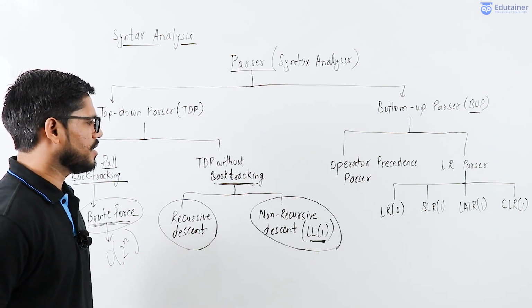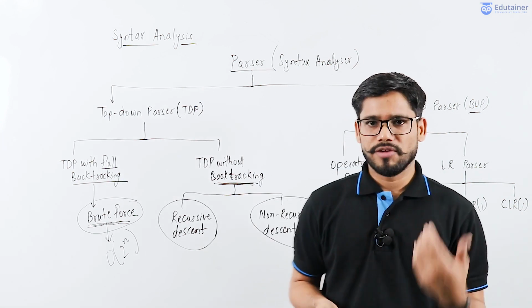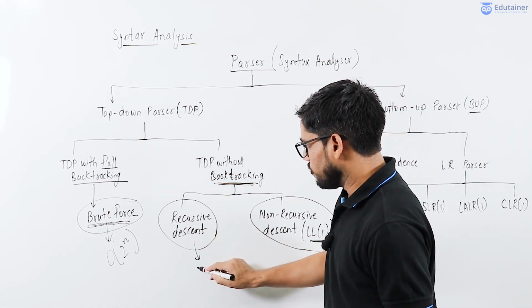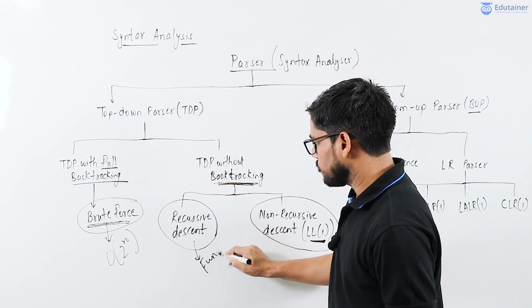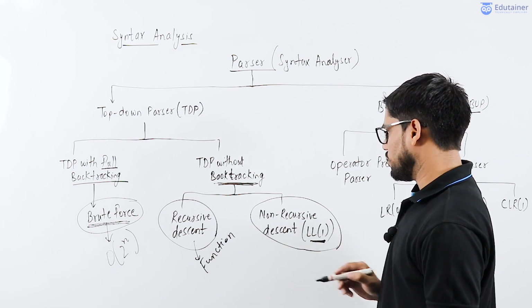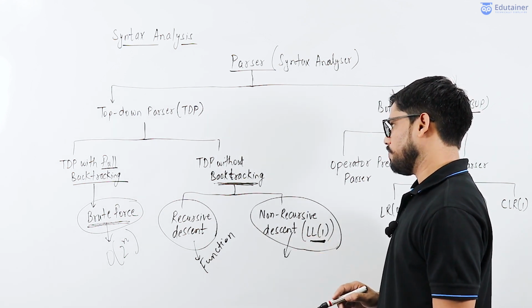But in case of non-recursive descent, we generally do not call a function for every variable.